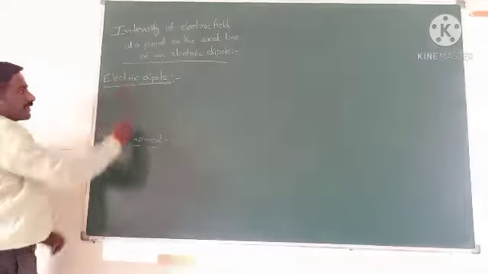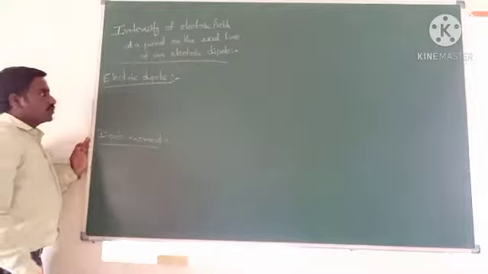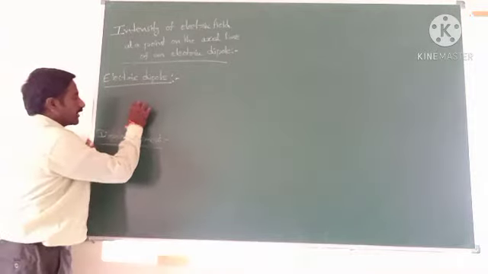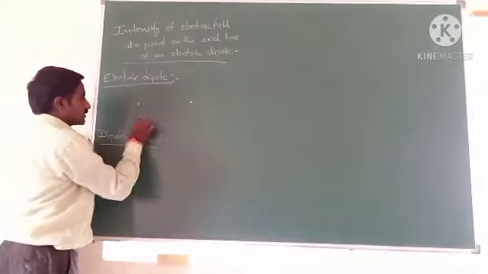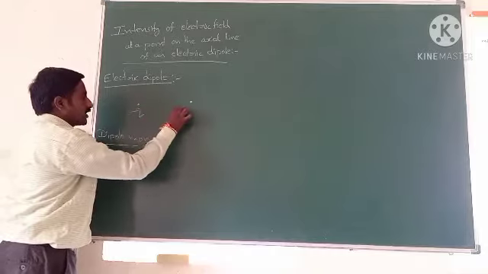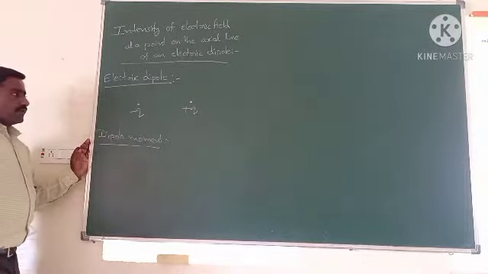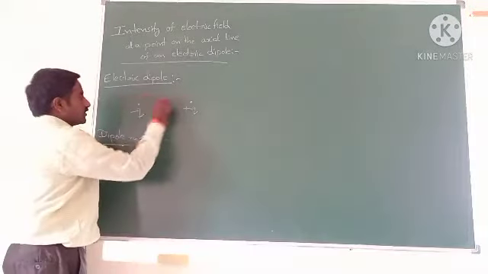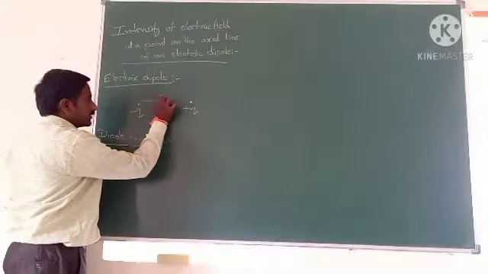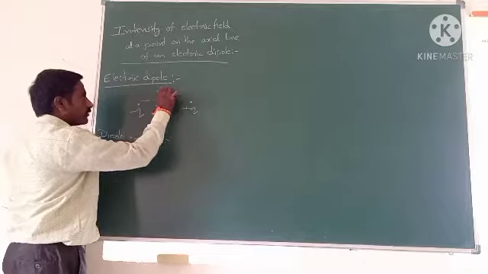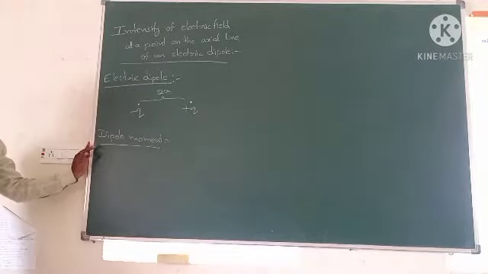First, the definition of an electric dipole. Here I am taking two charges: one is minus q charge, the other is plus q charge. The distance between these two charges is 2a. This is nothing but an electric dipole.